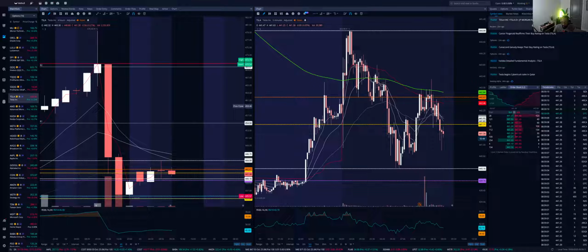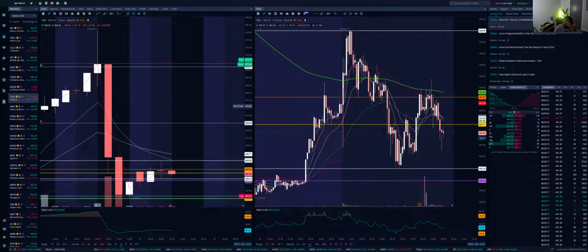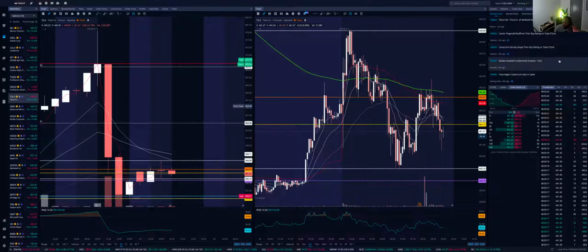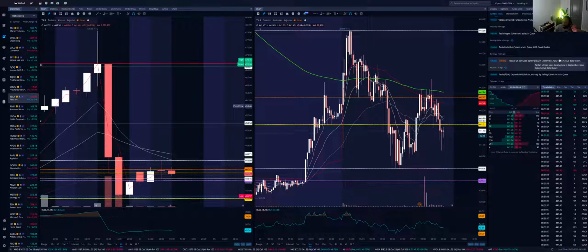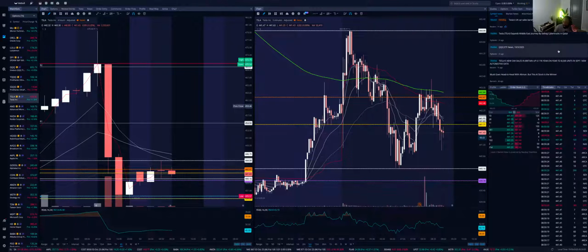Let's go ahead and see if there's any catalyst. JP Morgan raises target price to 150 from 115. Okay, Tesla is at 4, so that's kind of confusing. We've got buy ratings for today on Tesla. I see that Tesla begins Cybertruck sales in Qatar, so I guess Tesla is working on some sales in Dubai. I'm not sure if that's really going to move it.